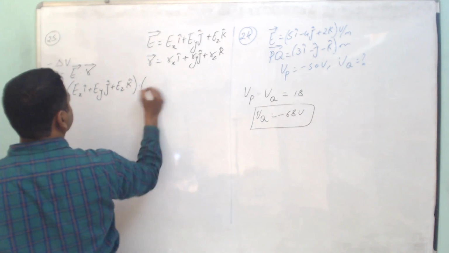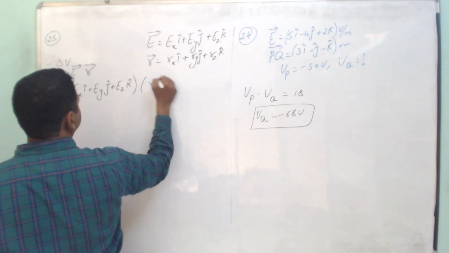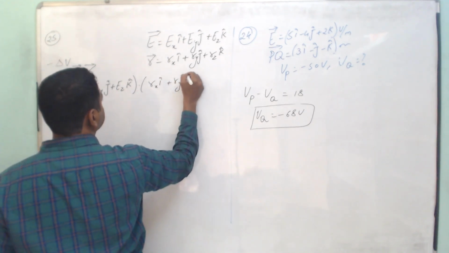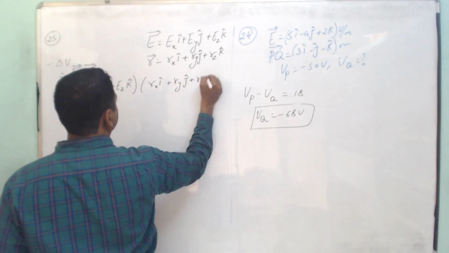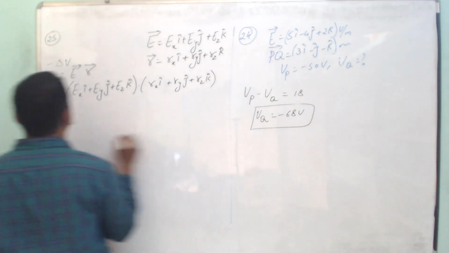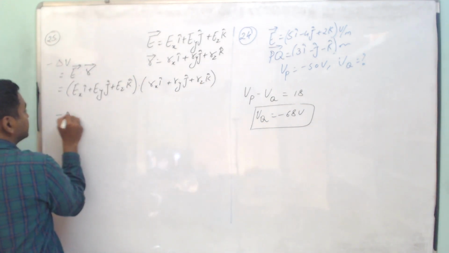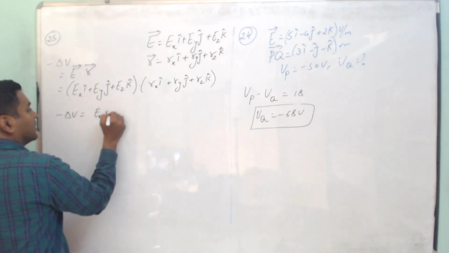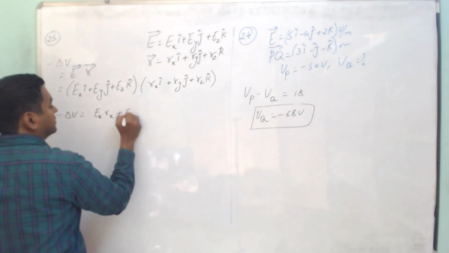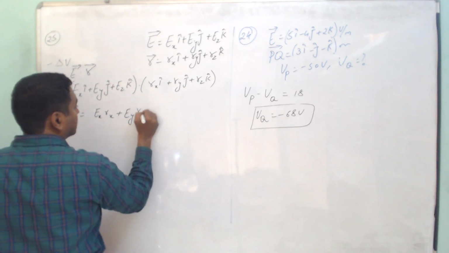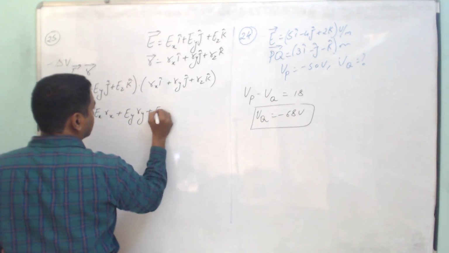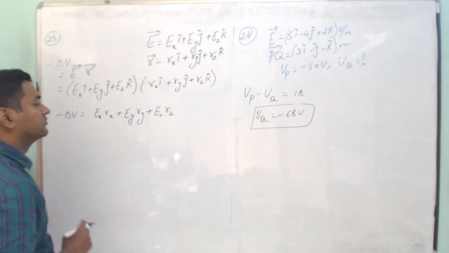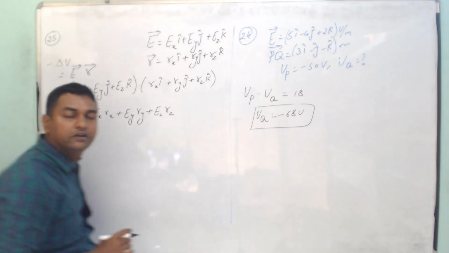Dot product with Rx I cap plus Ry J cap and Rz K cap. Now when you do the dot product, basically you'll get minus delta V is equal to Ex Rx plus Ey Ry plus Ez Rz. We have done this earlier also.